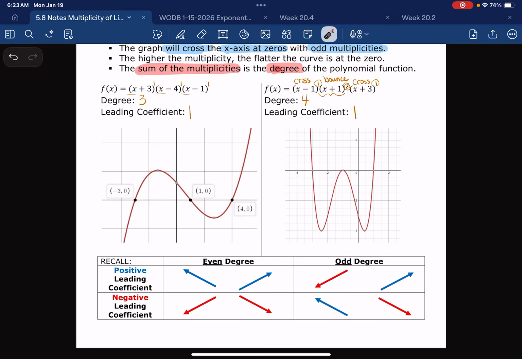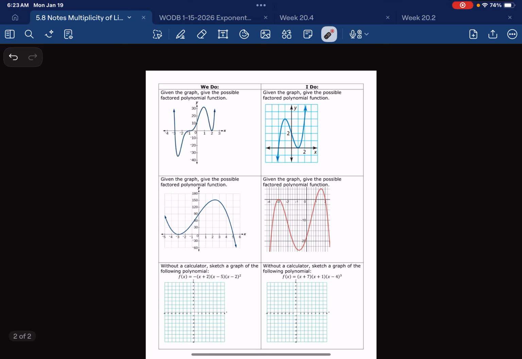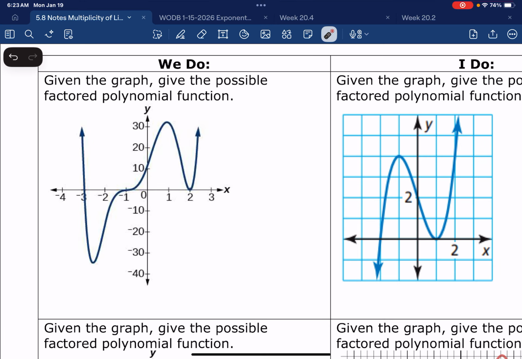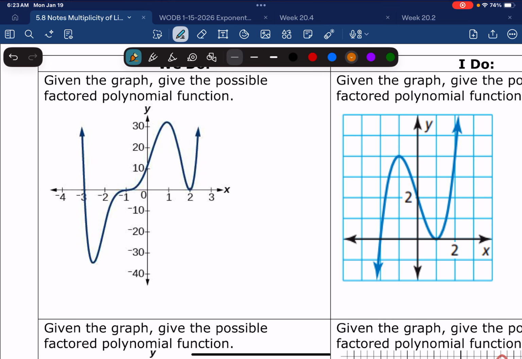All right, let's take all that together and see what we've got here. It says, given the graph, we're going to write a possible factored polynomial function. So let's go ahead and talk about our x-intercepts. I see I have an x-intercept at x equals negative 3. So that means I've got a factor of x plus 3.